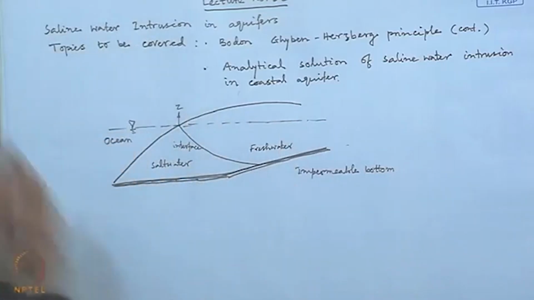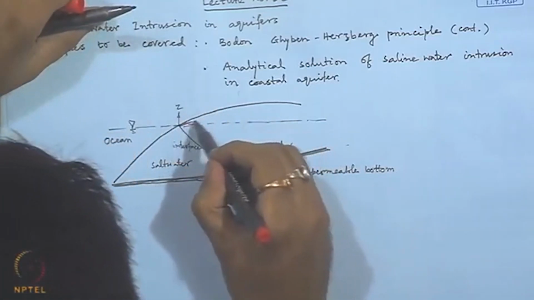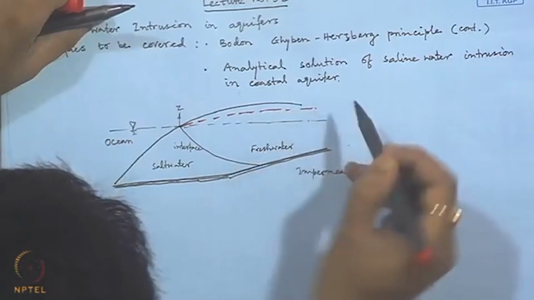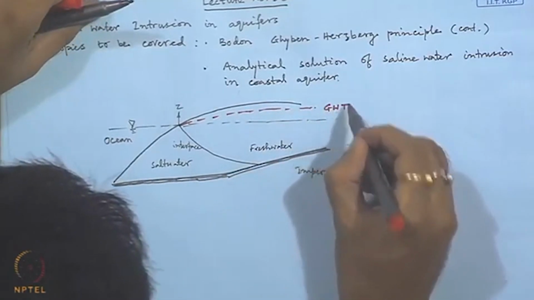And we have the groundwater table located at this position. This is the groundwater table.